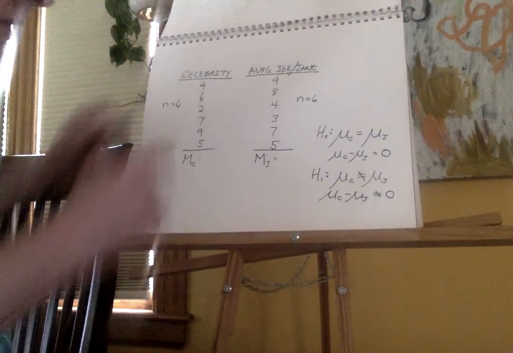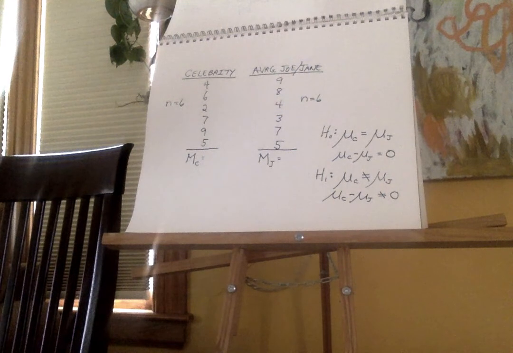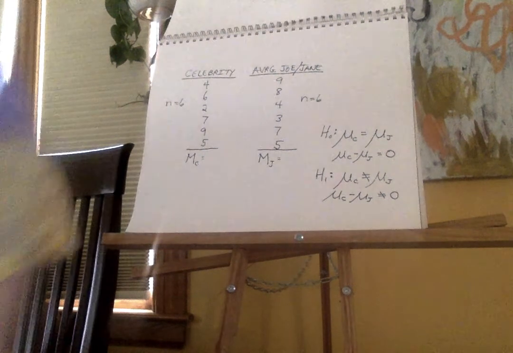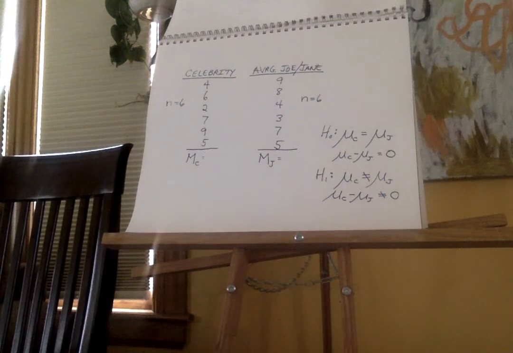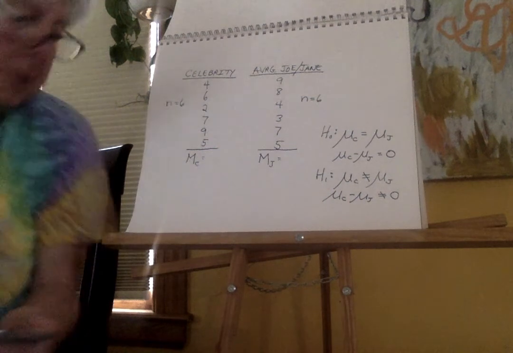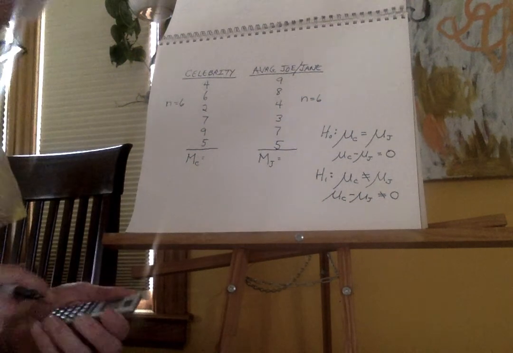Let's get the means here. I'm going to give you a minute, and I need to get my calculator. Let's do this together. There are 6 in each of the groups.